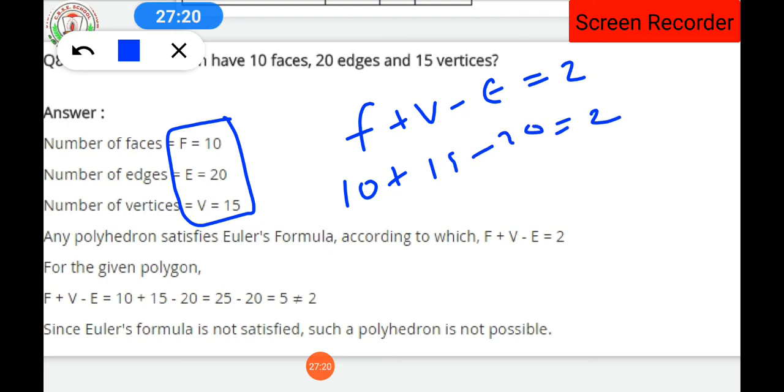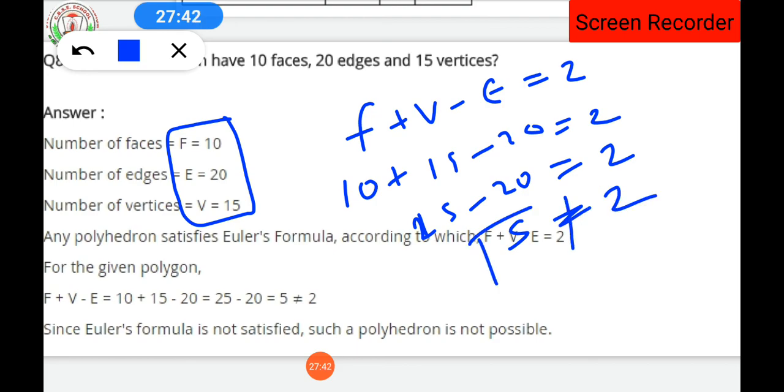So we have to verify whether a polyhedron is possible or not. So here 10 plus 15 is 25, 25 minus 20 will be how much? 5. So as you know, 5 is not equal to 2.